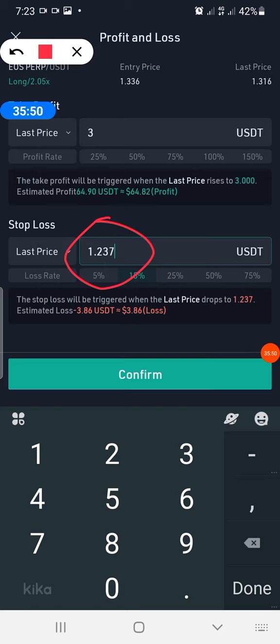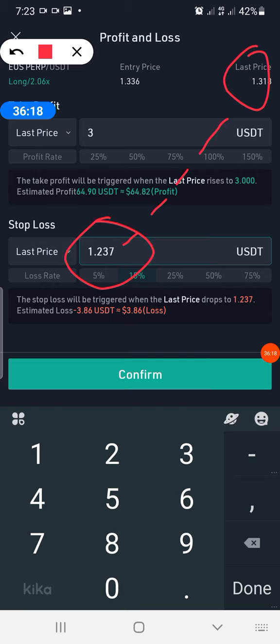For example, the current market price is trading at 1.3116, and the market keeps dipping and gets to this point, you are encountering a 15% loss. The market will close. Now, assuming that you are trading with $100, 15% of $100 is $15.